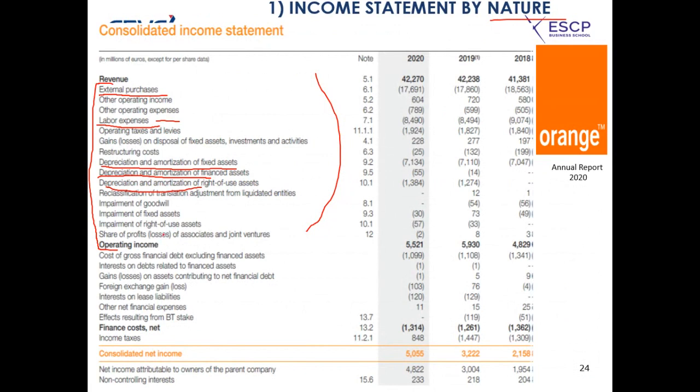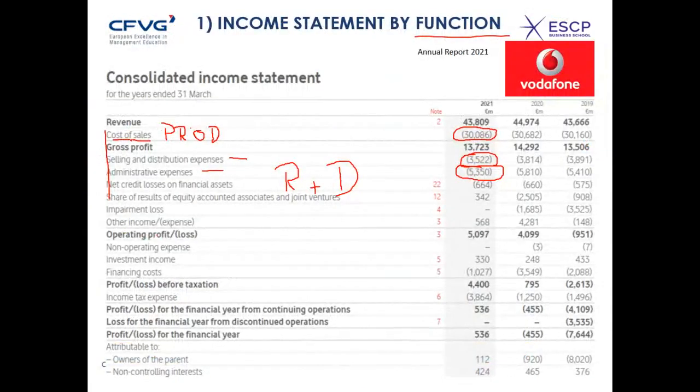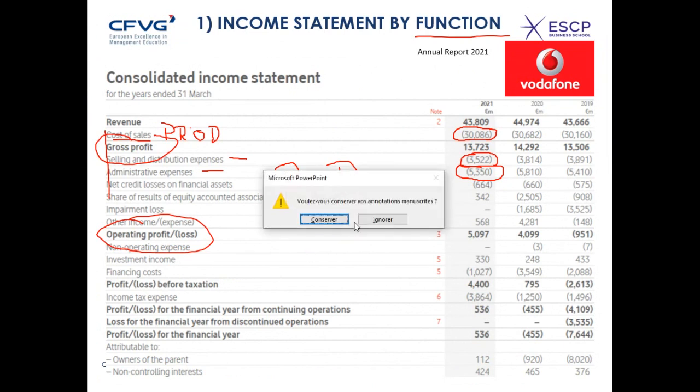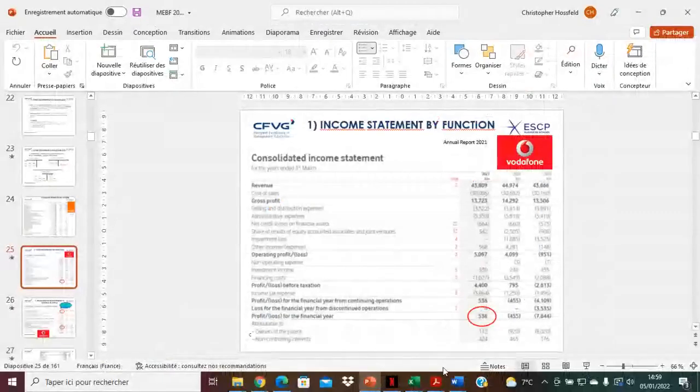Very important, the intermediary results that you see here, operating income, for example, for Orange, or gross profit, operating profit for Vodafone, those intermediary results are not defined by IFRS. Okay, that's a company choice, and they can do whatever they want.